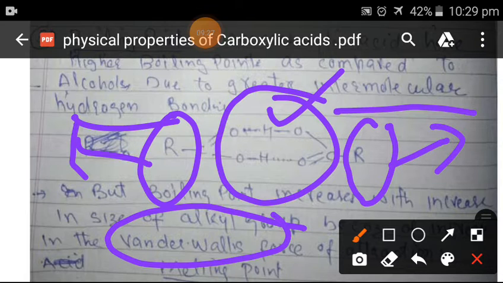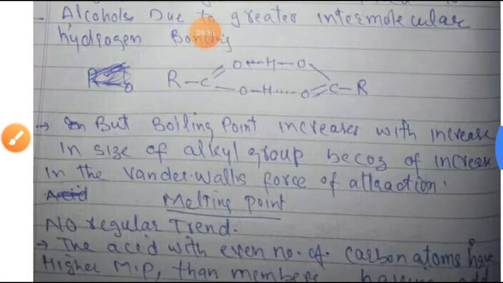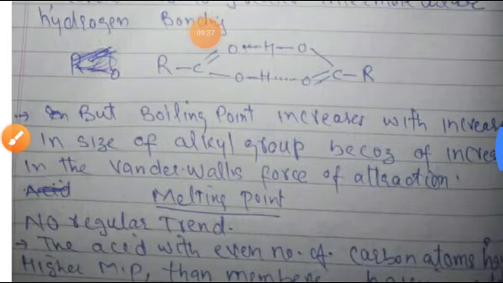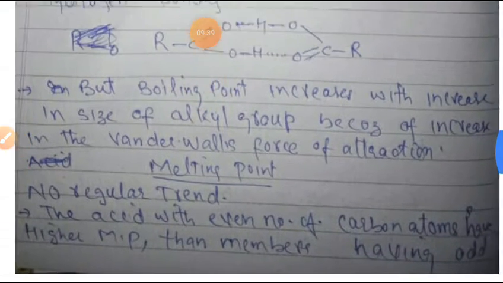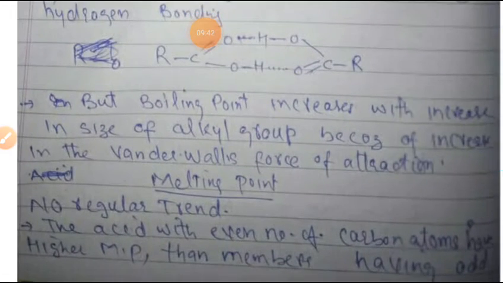You had studied in the 11th class how the van der Waals force of attraction occurs between two molecules. So due to van der Waals force of attraction, there is an increase in the boiling point of the carboxylic acids. Clear?